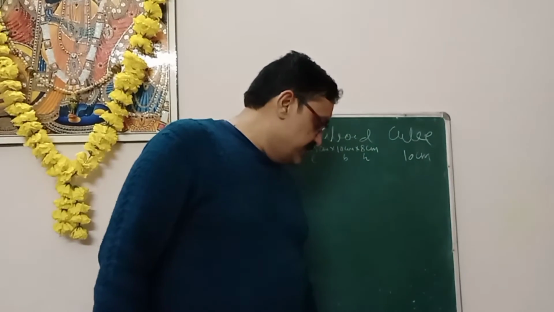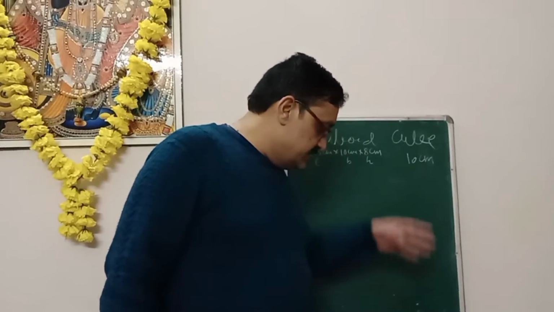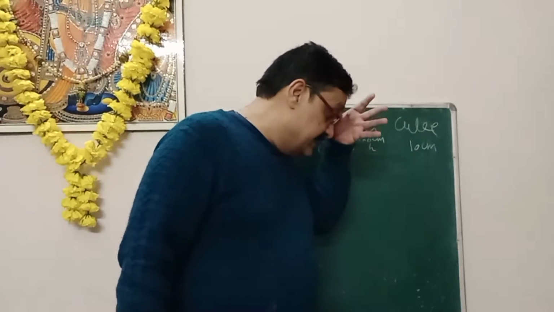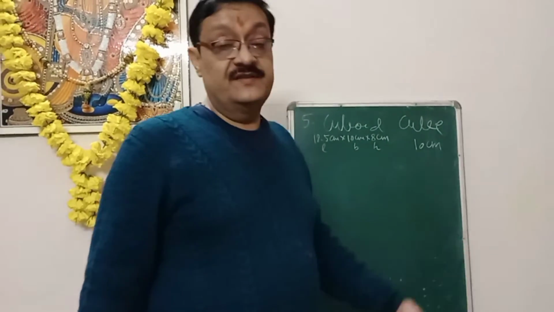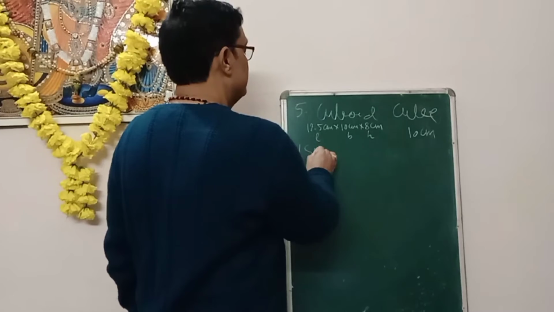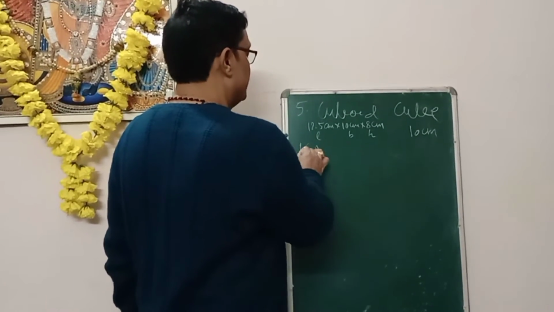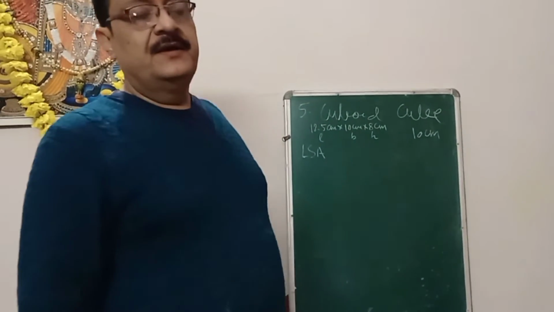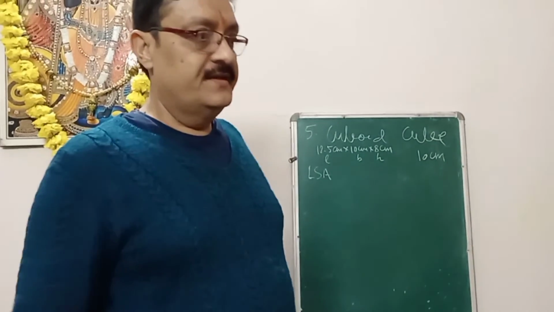Now, we need to know first which one has got the greater lateral surface area and by how much. So we need to know which one is having greater LSA.